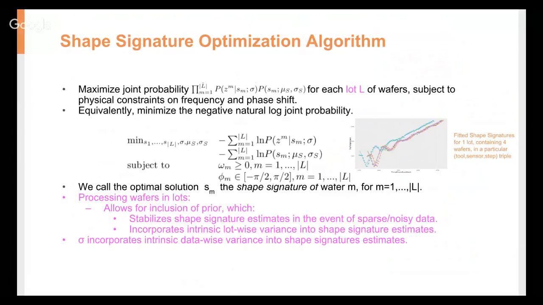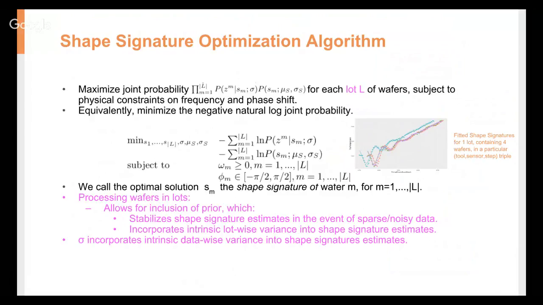By maximizing the product of the likelihood and the prior, we're learning the shape signature parameters while regularizing in the case where there's not enough data. The prior serves as a regularization term if you don't have enough data.